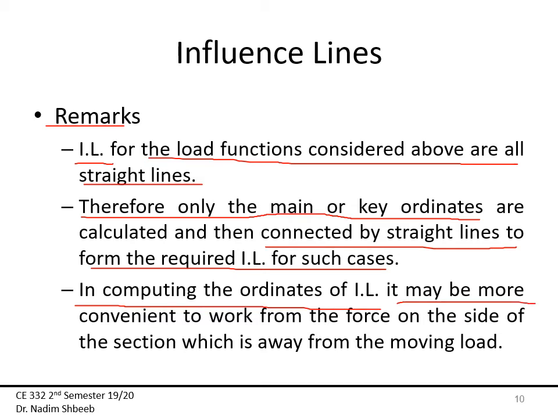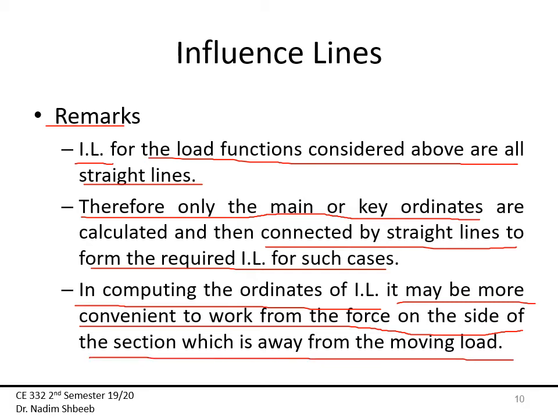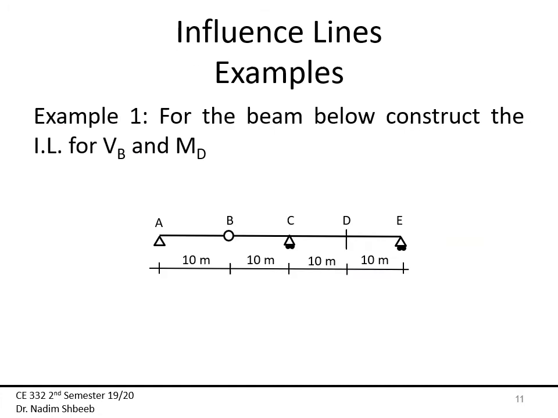It may be more convenient to work from the force on the side of the section which is away from the moving load. It may be an added step, but again, this is what we found. But this is only for simple beams. Now, if I have more than one reaction, it might be different, and I will show you that in the next example.